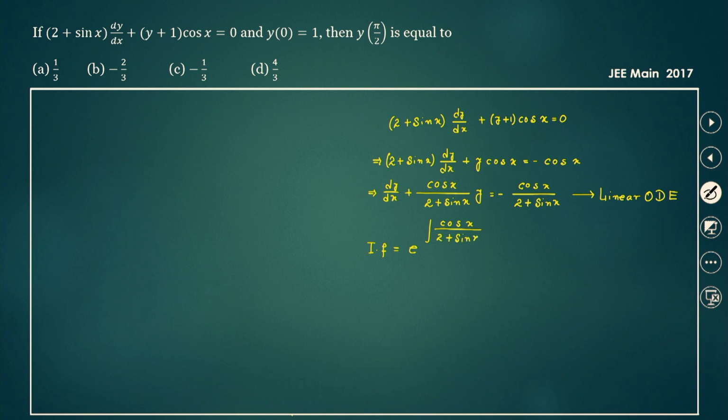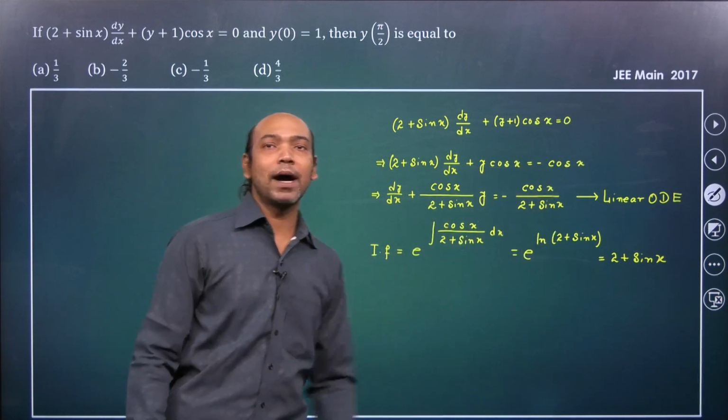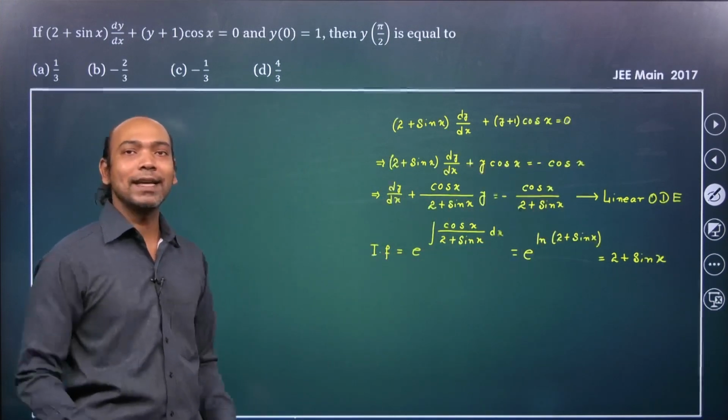Now if I differentiate 2 plus sine x, we get cos x. So the integrating factor will be e to the power of log of 2 plus sine x, and that's why the integrating factor will be 2 plus sine x. That's it. So what will be the step? We have to multiply both sides by 2 plus sine x and then integrate.